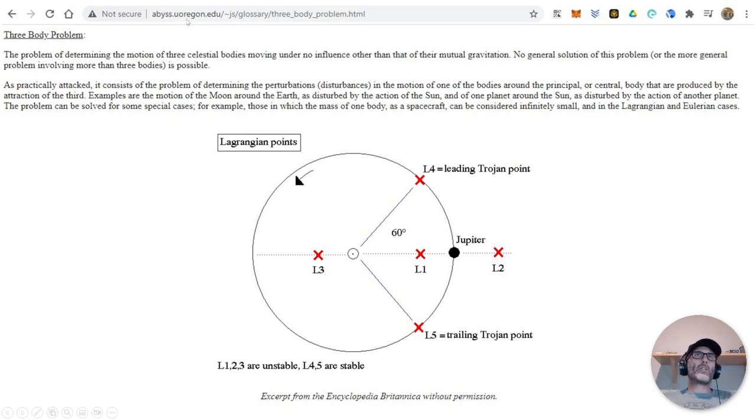So another source here, this is University of Oregon. "The problem of determining the motion of three celestial bodies moving under no influence other than that of their mutual gravitation. No general solution is possible." So again, the moment you try to take, for example, a solar system and you have the sun, if you have one planet or one body, you can make it work using Einstein's theories.